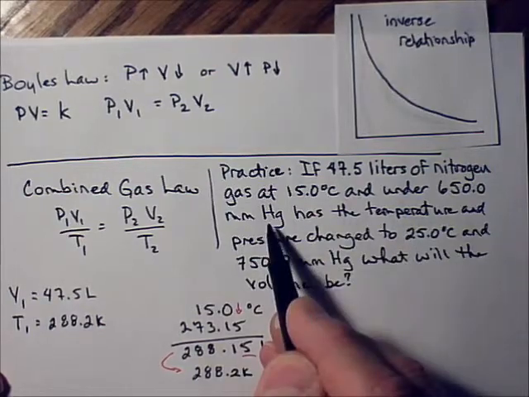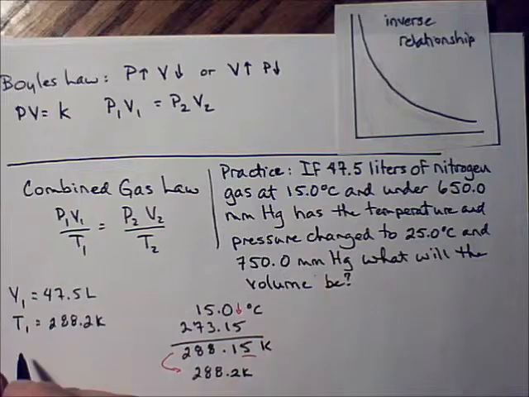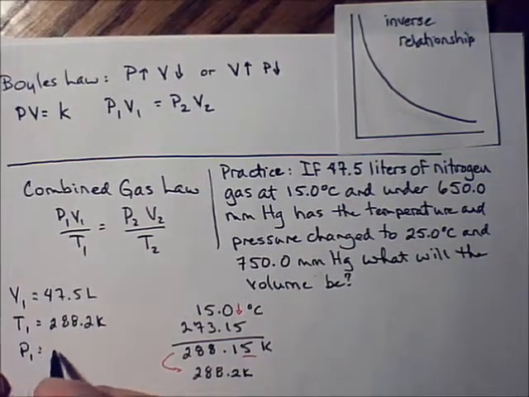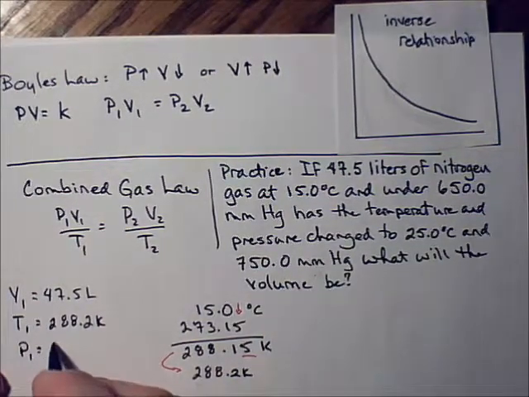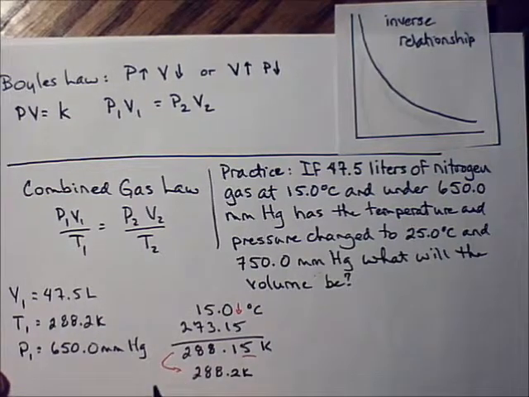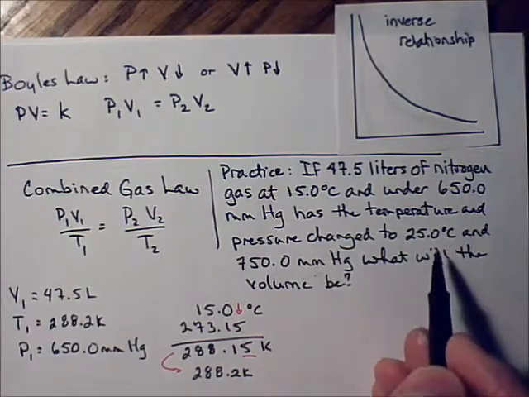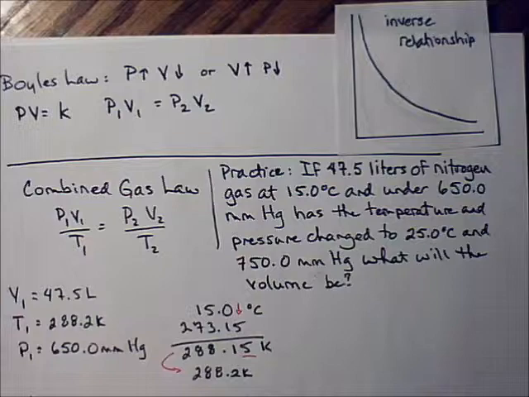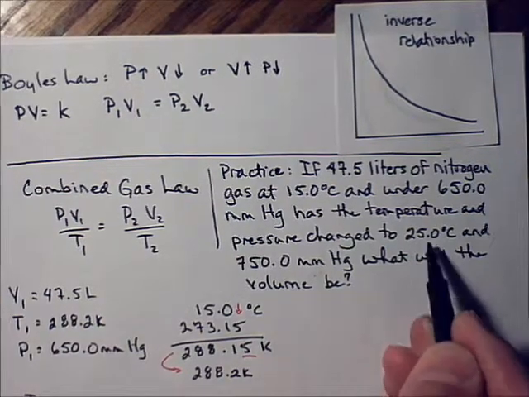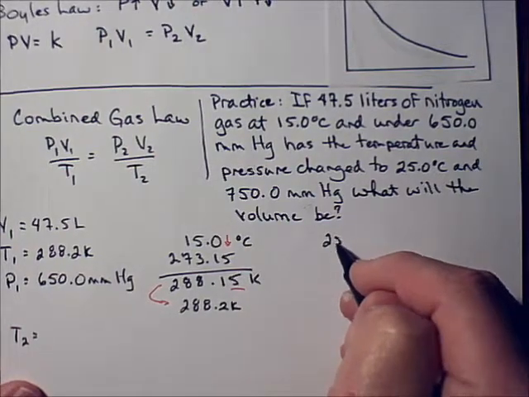And then we've got a pressure, 650.0 millimeters of mercury. There are about 4 different pressure units you might be exposed to in this class, especially in this unit. I'll show you those in a few minutes. And then we got the pressure change, temperature and pressure changed. So temperature 2 is 25 degrees C, but again we have to change that to Kelvin.